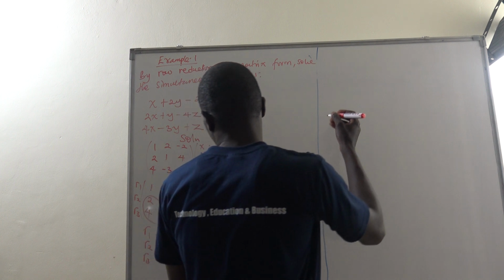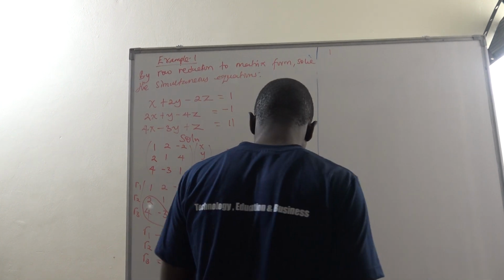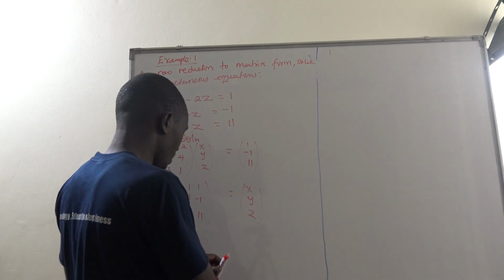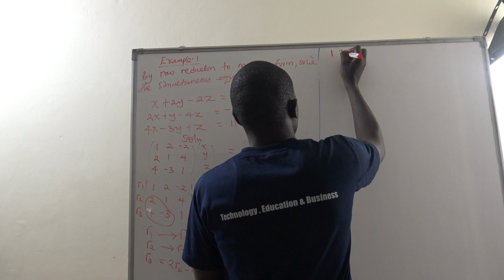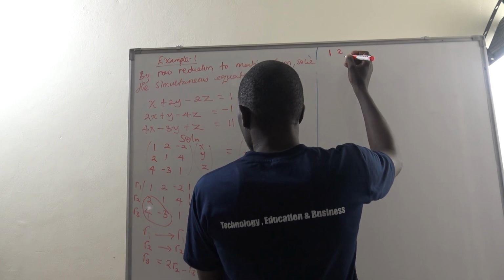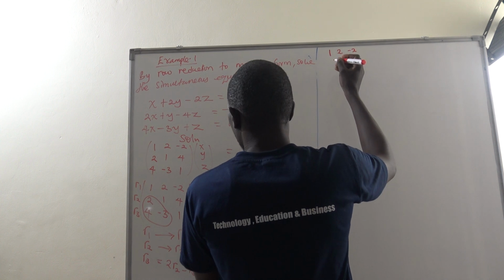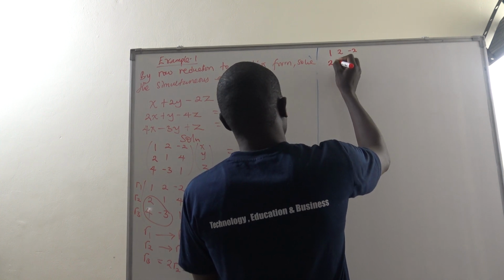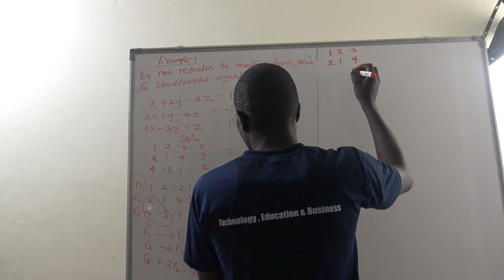So can we write now, following that criteria. Row 1 has been kept constant: 1, 2, negative 2. Row 2 is also kept constant: 2, 1, 4.